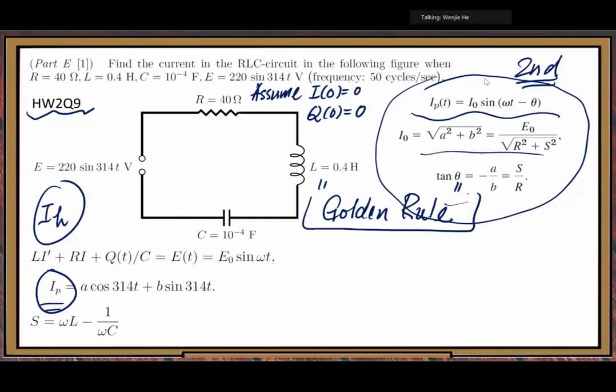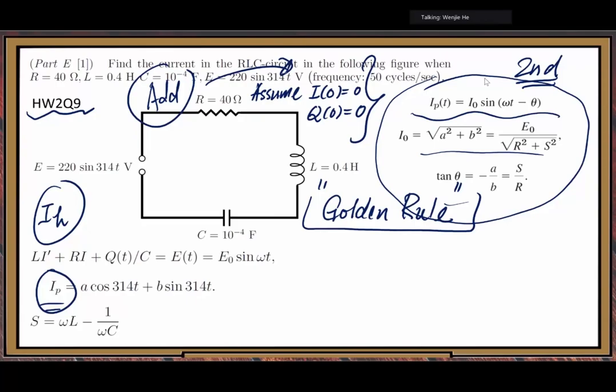So here we apply the golden rule. We can modify the original question. So we add this assumption, no problem, right? So you solved a relatively simpler version of the original problem.